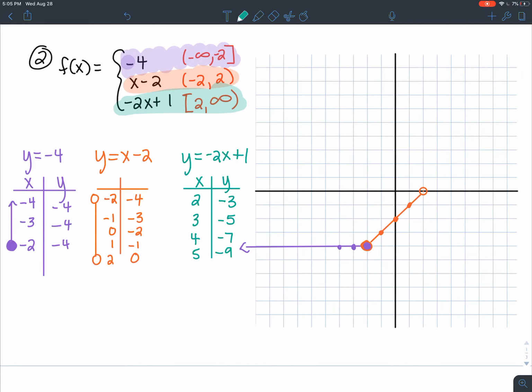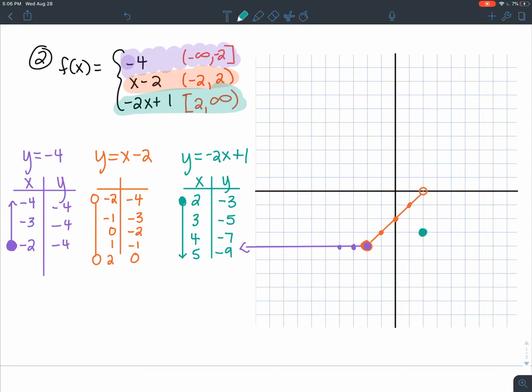graph at negative 3. And it's going to be a closed circle. Sorry, forgot to do that. That's what kind of stumped me up. So 2, negative 3. That's going to be closed down here.